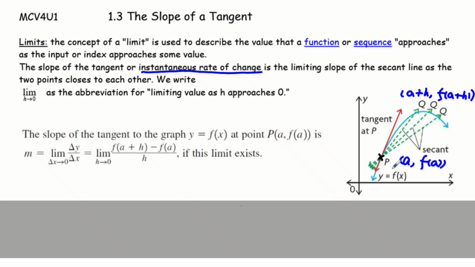Simplify a plus h minus a, we have h. So this is our limiting value formula for the slope of the tangent. And after that, we are going to see how we can use this formula to find the slope of the tangent for different functions.